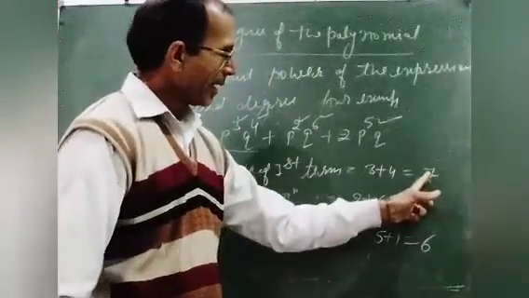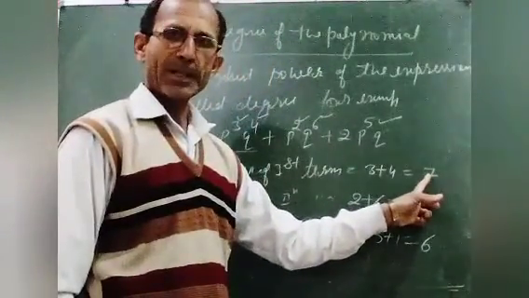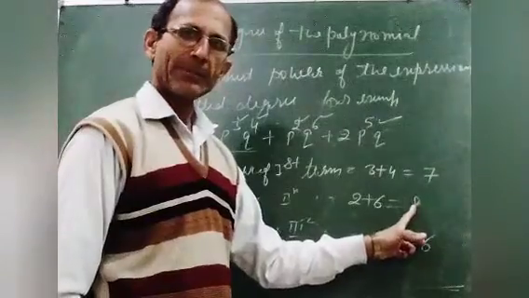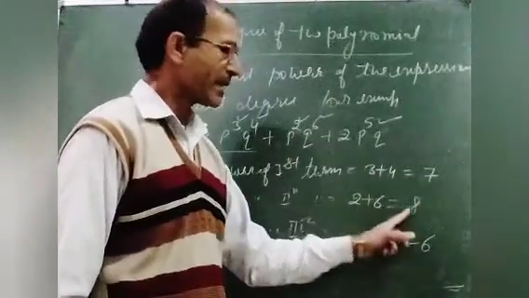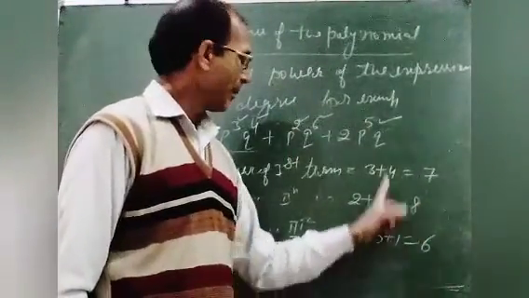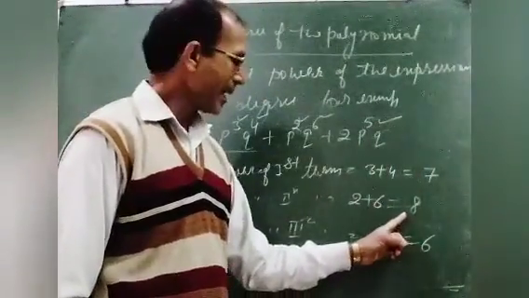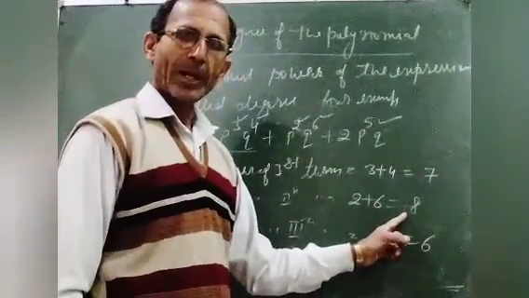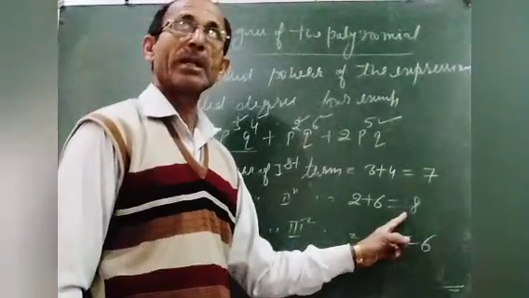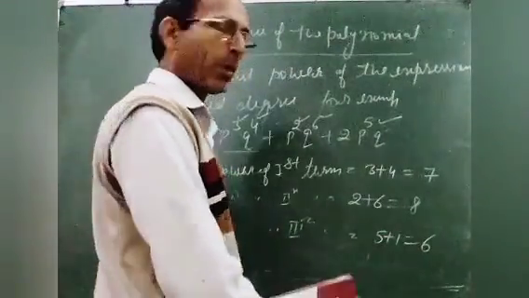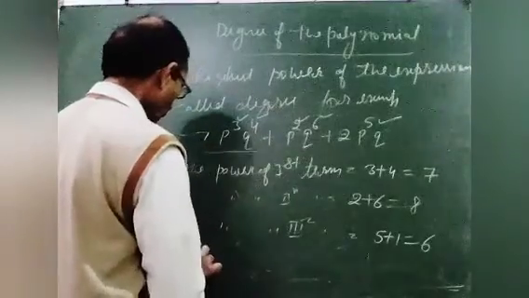Now see, in the first term the power is 7, in the second term the power is 2 plus 6, 8, and in the third term the power is 5 plus 1, 6. So which is highest? Highest is 8. I told you the highest power is called degree. So the degree of the polynomial is 8.